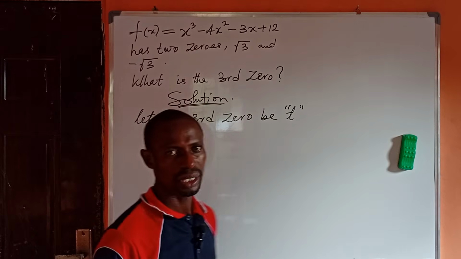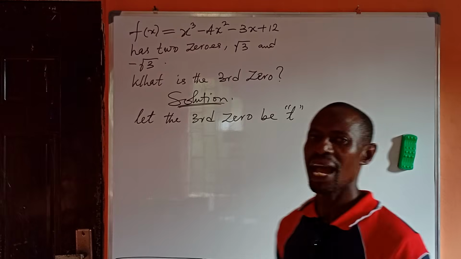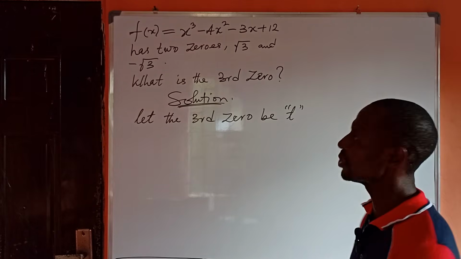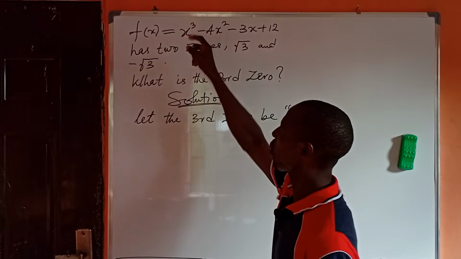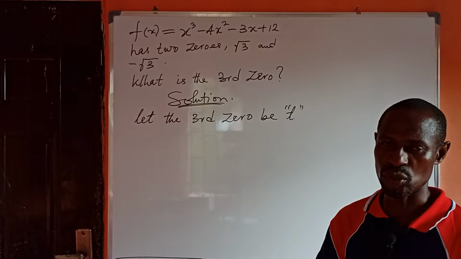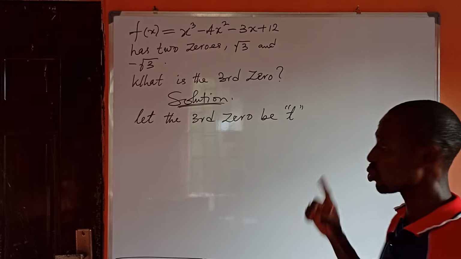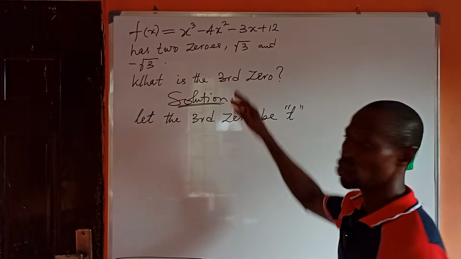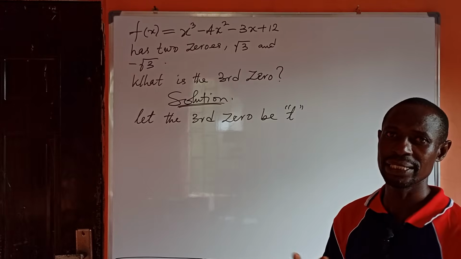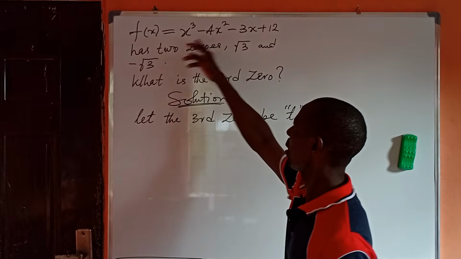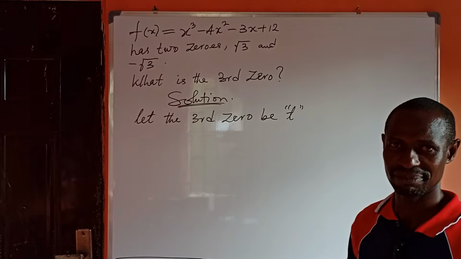So if the third root is t, and we know that this is a third degree polynomial equation, then so long as we are given two of the roots, we are left with just one, and that is the third one. So the multiplication of the three factors or roots will give us this main function, right?